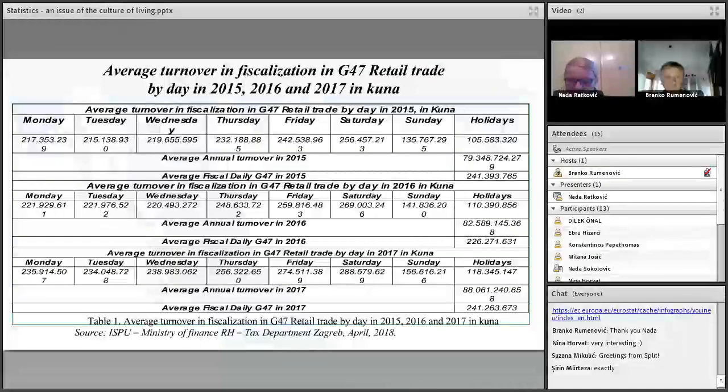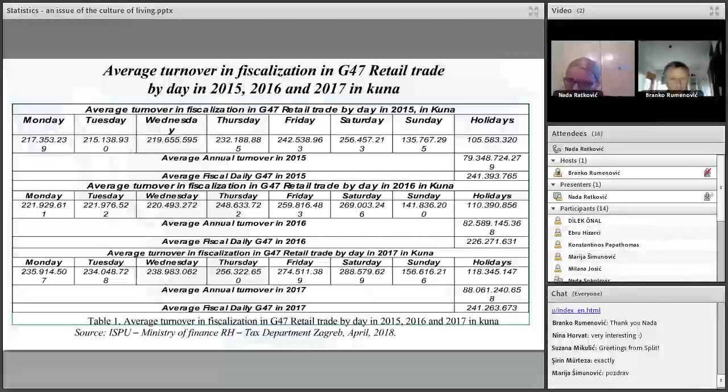Here is the first table: average turnover in fiscalization in G47 retail trade by day in 2015, 16, and 17 in Croatia, in kuna. These data are from the Ministry of Finance, Tax Department, from April 2018.